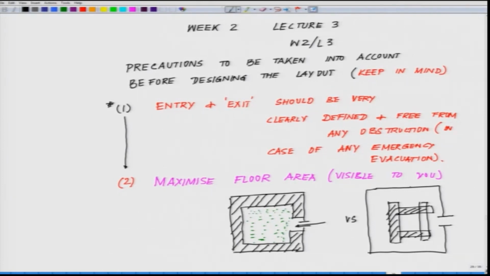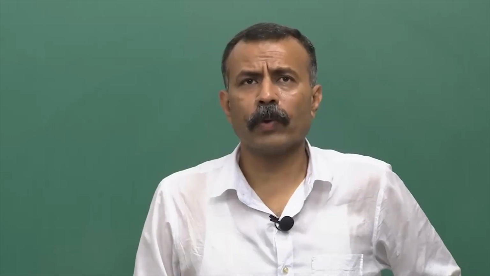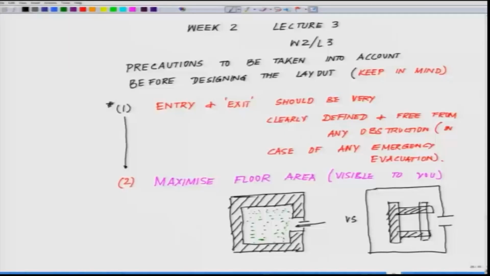There are several combinations people use, but over the years after setting up multiple labs all over the world, I realized the easiest way is that you utilize this wall space.